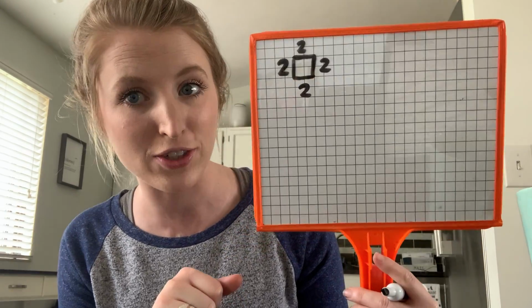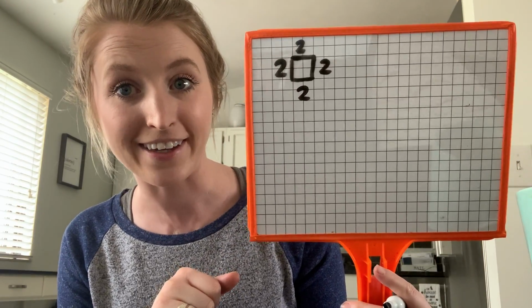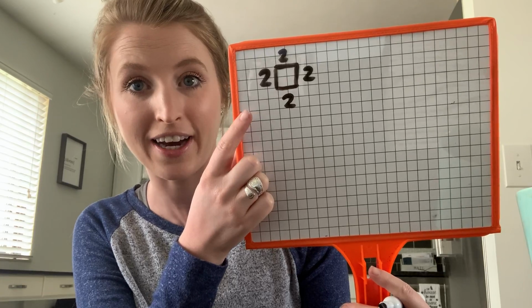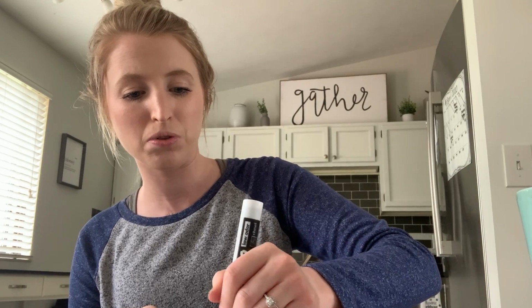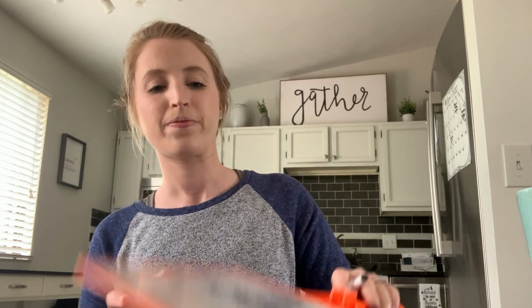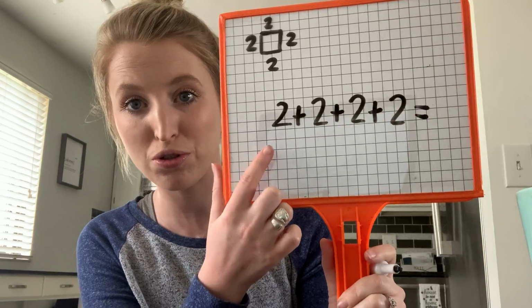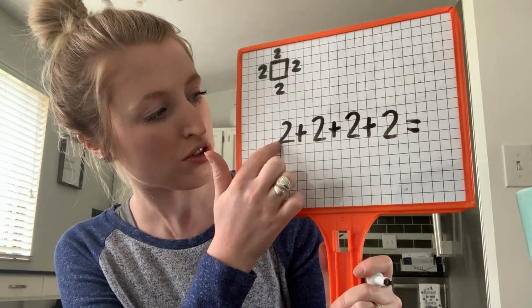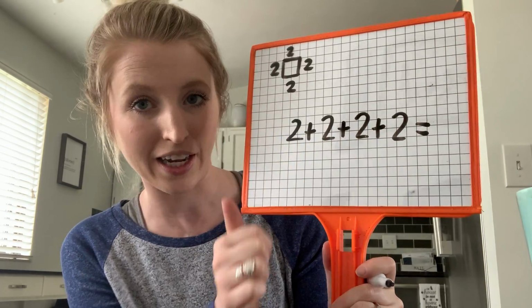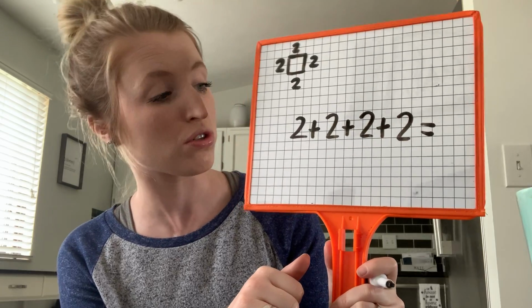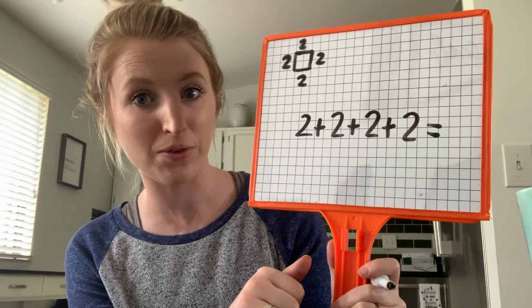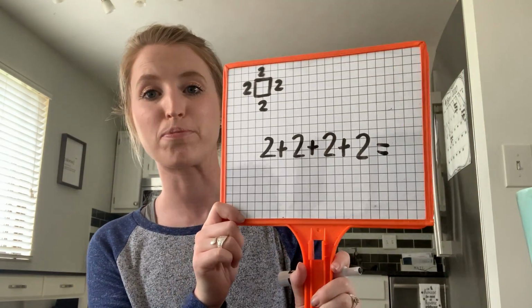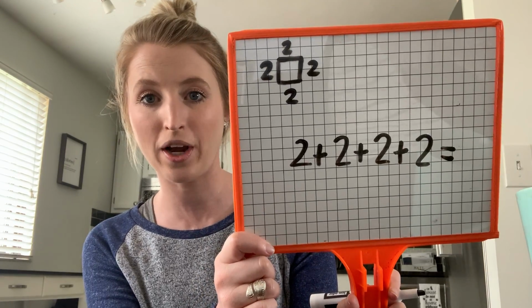So what do we have to do? Yes, we have to add all 4 sides together. So we have to do 2 plus 2 plus 2 plus 2. Now we can count by 2s 4 times: 2, 4, 6, 8. Or we can do 2 times 4, which equals 8. So the perimeter of this square is 8.